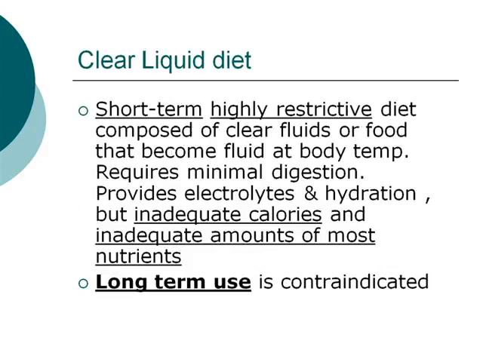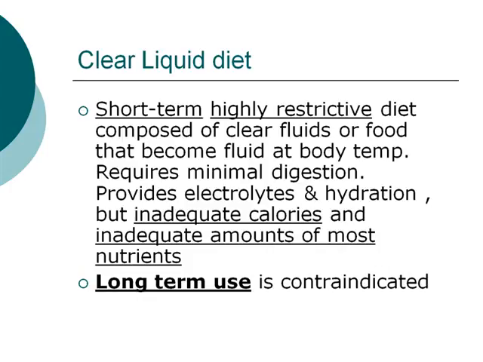With clear liquids, you know, it's a very restrictive diet, only to be used short term. And typically it's composed of clear fluids or food that becomes fluid at body temperature. So that's why you can have clear jellos on a clear liquid diet.